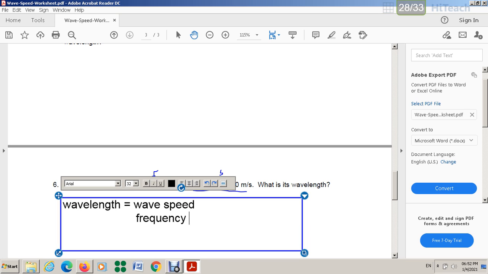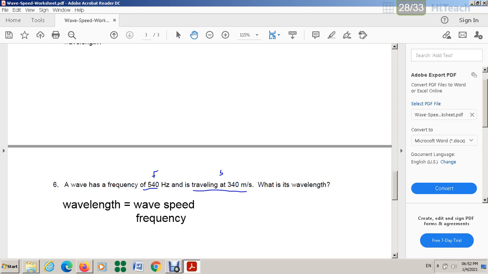So here, as you see, I want to divide 340, make sure the numbers are correct. This is the 340, which is equal to the speed, over the frequency here, which is 540.